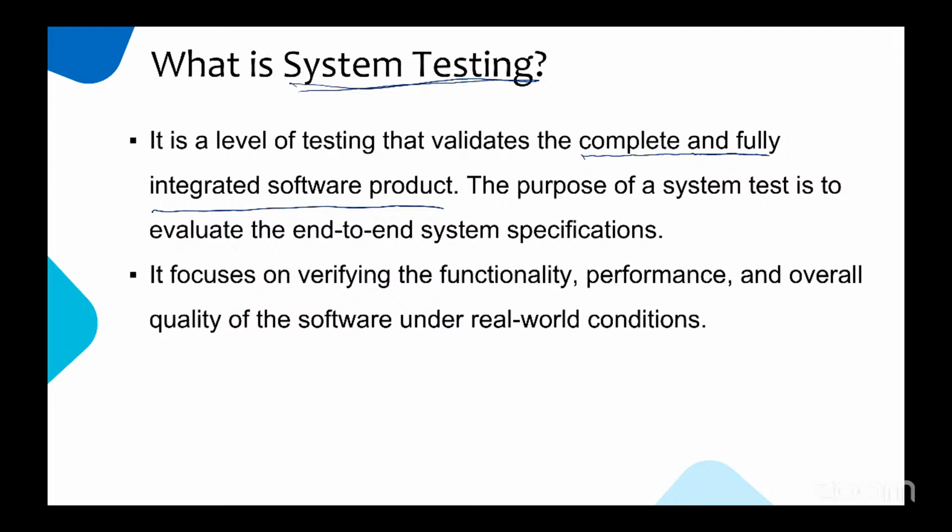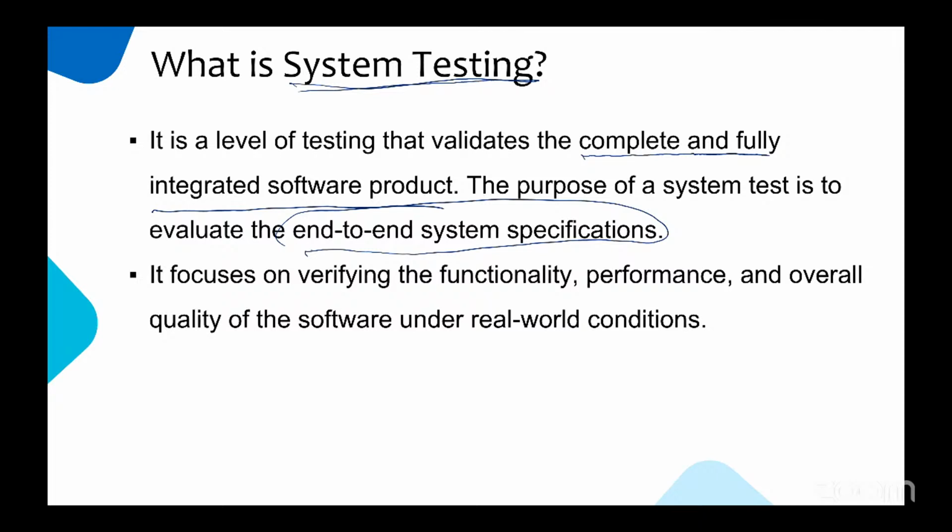See, the main purpose is to evaluate the end-to-end system specification. So from the login, if you take an e-commerce site, you register the user. That registered user should be in the database, and then you try to log in. Email verification is done, either you registered using the email ID or your phone contact.